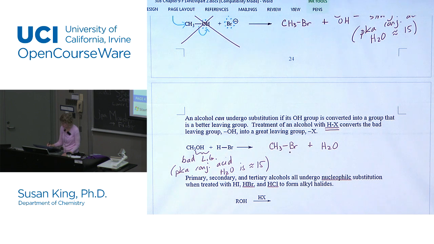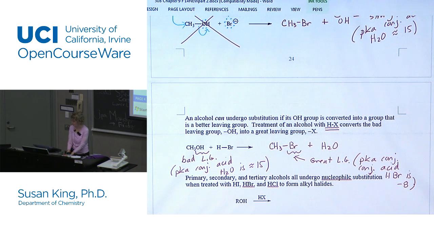All right, so now we've taken that bad leaving group and converted it into a great leaving group. How do we know it's a great leaving group? The pKa of the conjugate acid, HBr, is -8. It's a fantastic leaving group. So that's what we want to do.